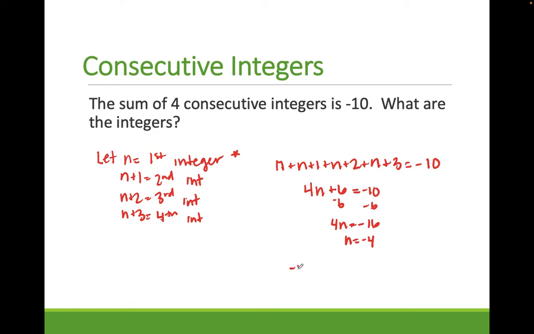If n is -4, the second integer is -4 plus 1, which is -3, then -2, and then -1. Those are the answers for the 4 integers that add up to equal -10.